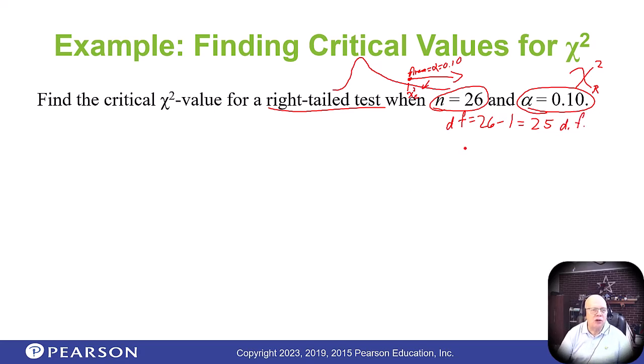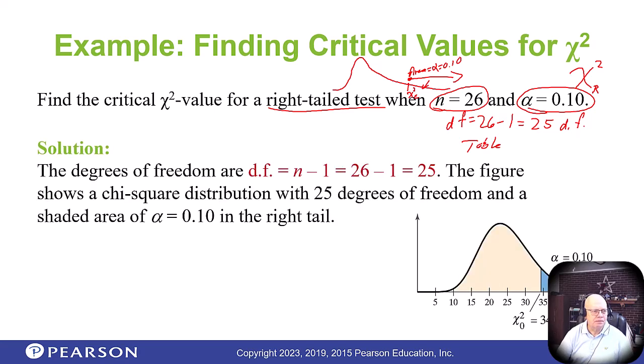And then you go to the table, and let's see. I can't remember what the table was, but that's not important right now. I think it might be 6. All right, so degrees of freedom, 25. The figure shows that, and we're going to use the area here.